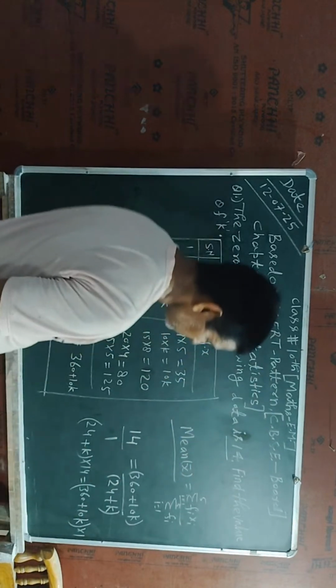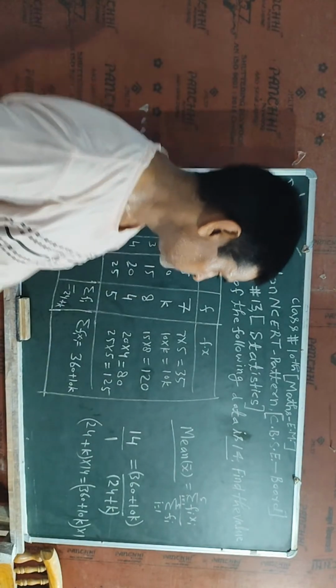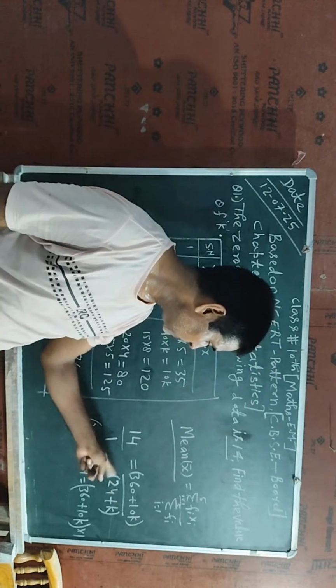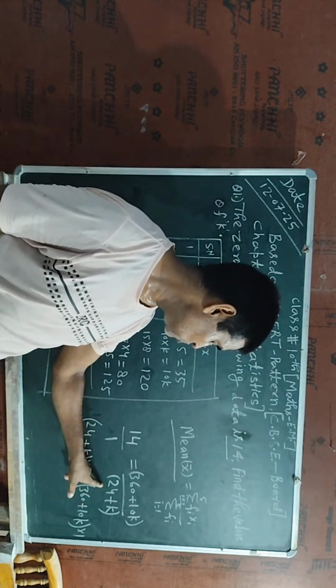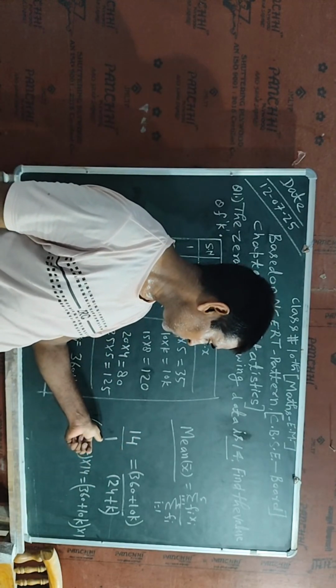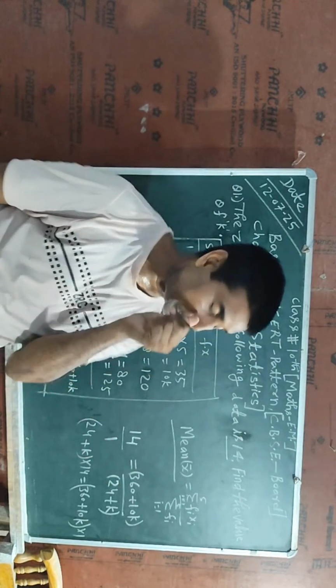So after multiplication I will get its value. If you get a term like this, you have to do cross multiplication. This denominator you have to multiply with this numerator, and also this denominator with this numerator, for getting its value.